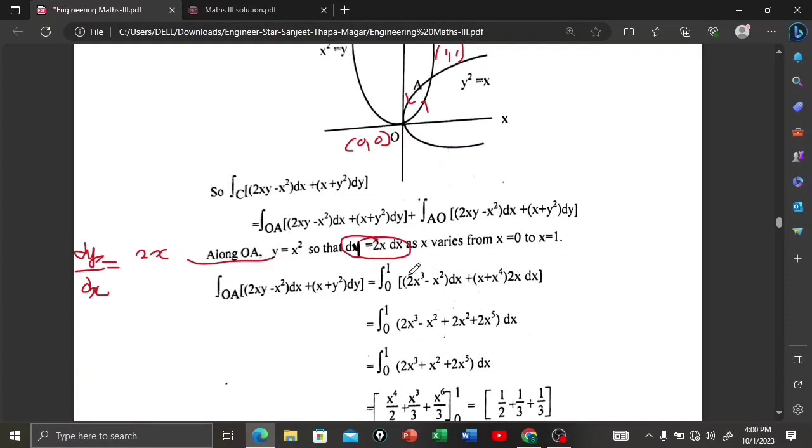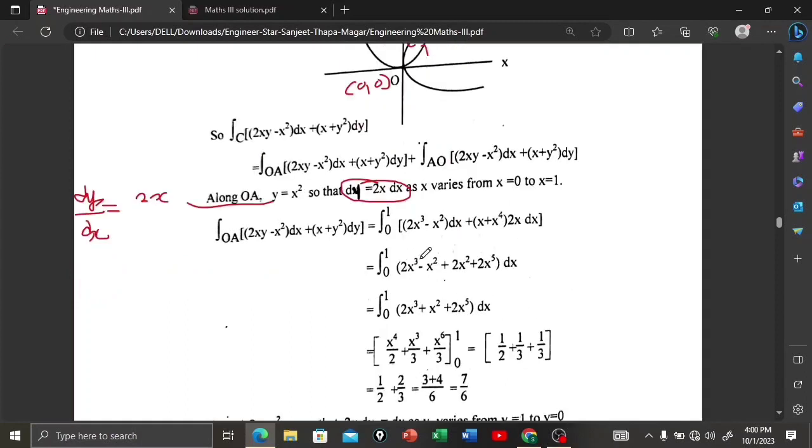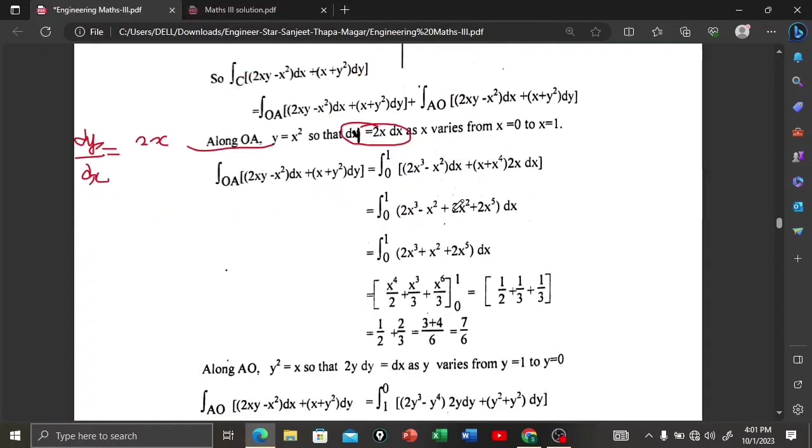So here we have changed everything into x, the limit is also x. Now 2x cube minus x square, and 2x times x is 2x square, and 2x times x to the power 4 is 2x power 5.